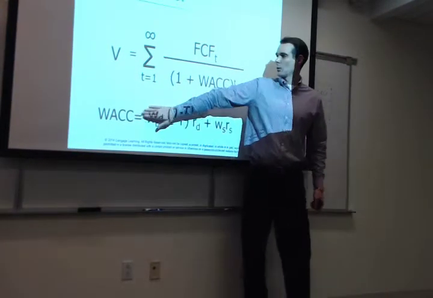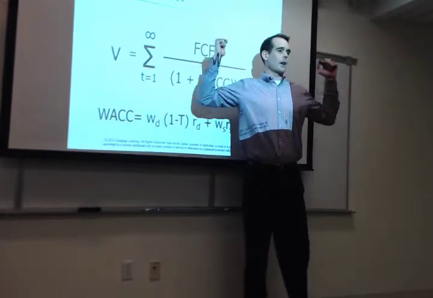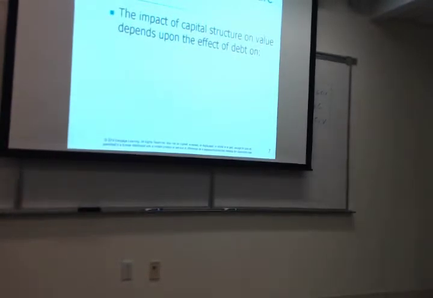Down. Lower WACC means what to value? Increases value. Awesome. Okay. So the impact of capital structure depends on the effect of debt on WACC. How does debt affect WACC? We went through a scenario, and we know the lower WACC, which is typically a cause of more debt, increases value.